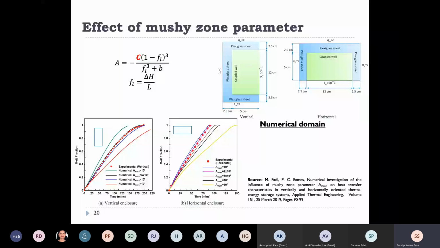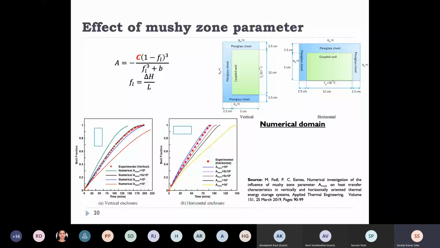This paper showed how the value of C changes and how it affects the melt fraction. Again, it is confirmed that the value we normally take, like 1.6 into 10 to the power 6, is good. But in Fluent, it is 10 to the power 5. So sometimes we use 10 to the 5, sometimes 10 to the 6.